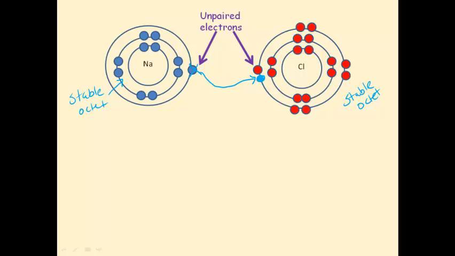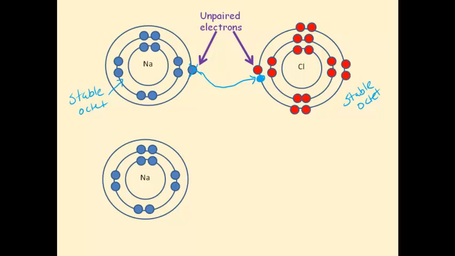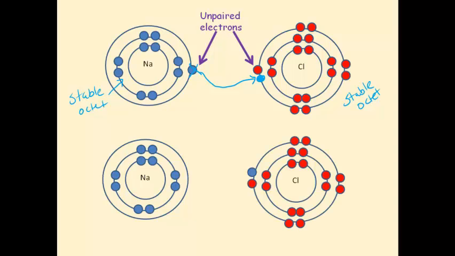So how do we show this? Well, here's our sodium atom lacking its electron that it's lost to chlorine, and here's chlorine having gained the electron from sodium. We want to show that sodium now has one less electron and chlorine has one more electron.